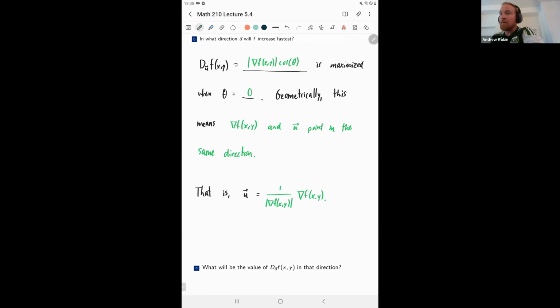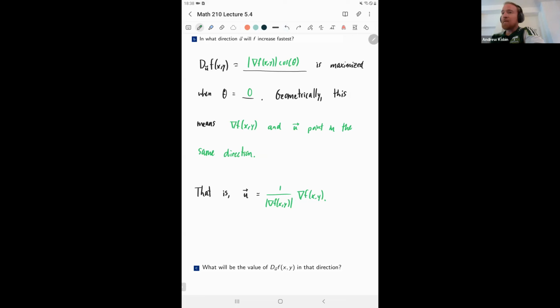So this is a formula for the direction to travel, or at least a unit direction to travel, to get the largest increase in your function, or in other words, we'll see on our topographical map later, to travel steepest uphill or travel uphill fastest in our three-dimensional graph of the function. And this is a formula for that direction as a unit vector. If you just wanted some vector in the direction of maximal increase, that answer is always going to be the gradient vector, which confirms something we said earlier.